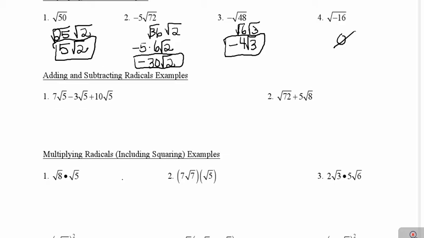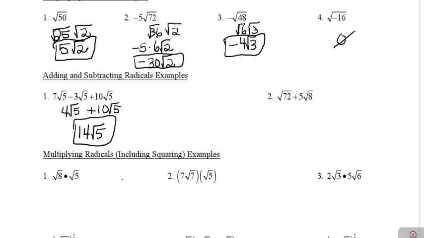First I would do 7 minus 3, which is 4 square root of 5. Then I bring down the plus 10 square root of 5. Now I can keep adding. 4 plus 10 gives me the final answer of 14 square root 5.